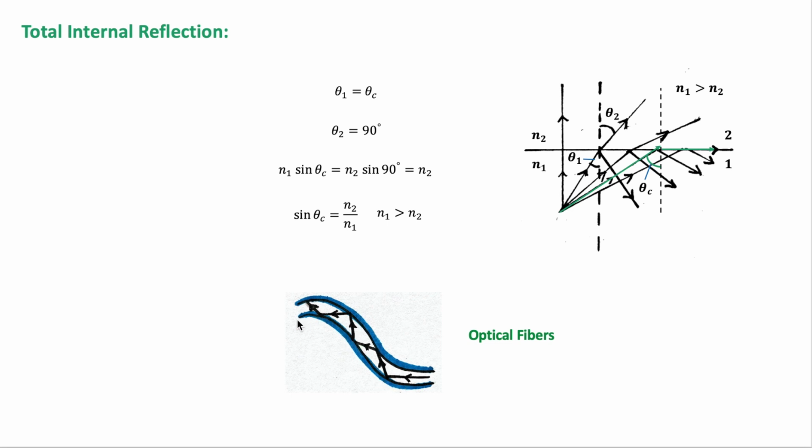If the rod is flexible and made of thin fibers, it is known as an optical fiber. And as the light bounces along the core of the optical fiber, it loses very little of its intensity as it travels. And so fiber optics have many applications, such as in telecommunication, because they can carry a greater volume of information than electrical wires.